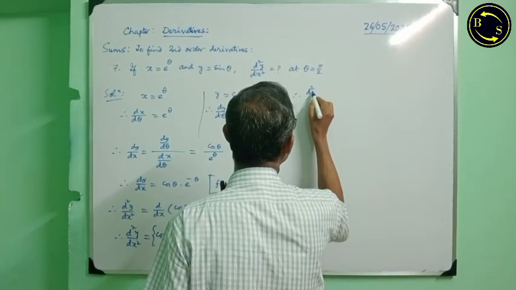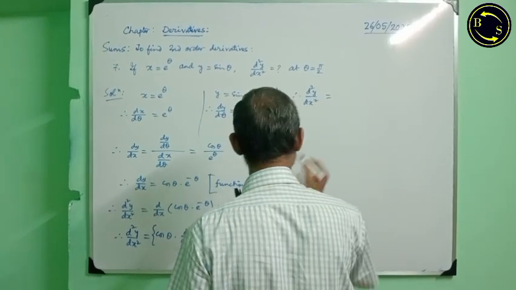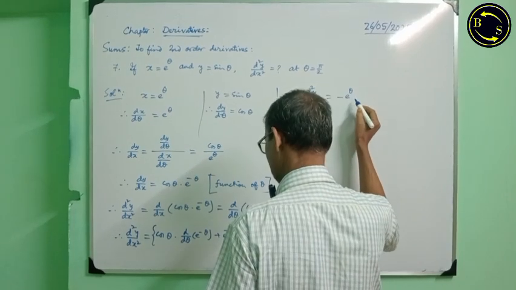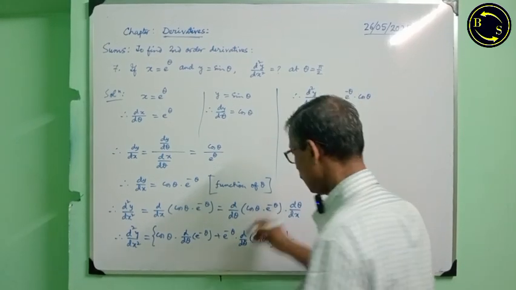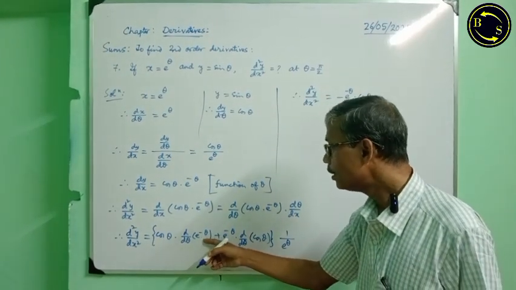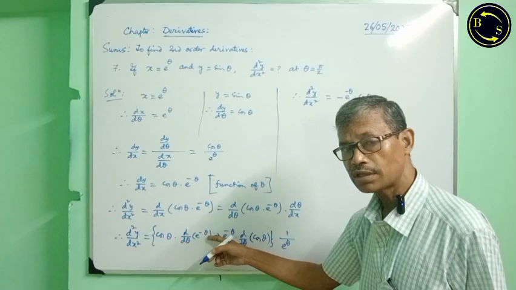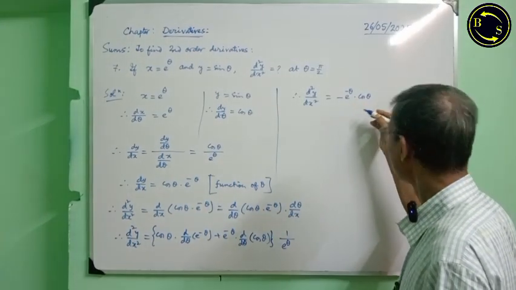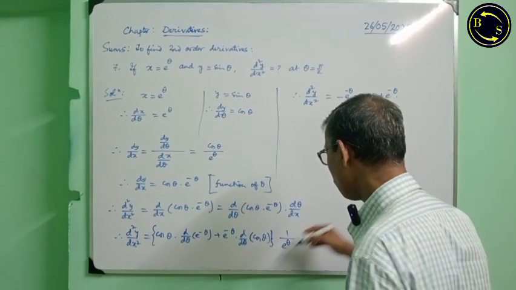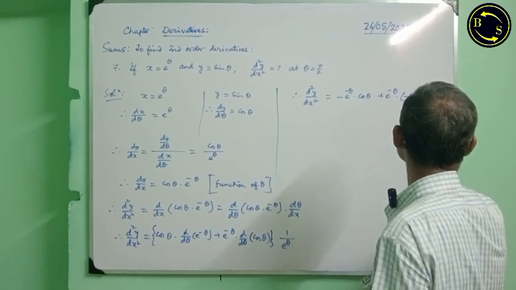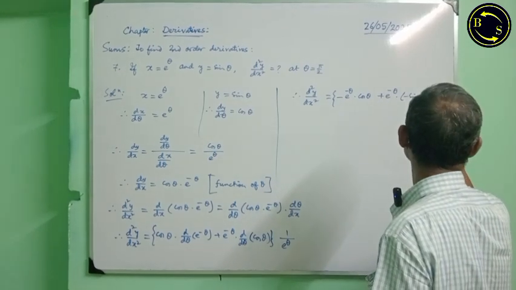Therefore, d²y/dx² is equal to minus e to the power minus theta into cos theta, derivative of e to the power minus theta with respect to theta, that is e to the power minus theta into d/dtheta of minus theta, that is equal to minus 1, finally this, plus e to the power minus theta into the derivative of cos theta, minus sin theta, whole into e to the power minus theta.